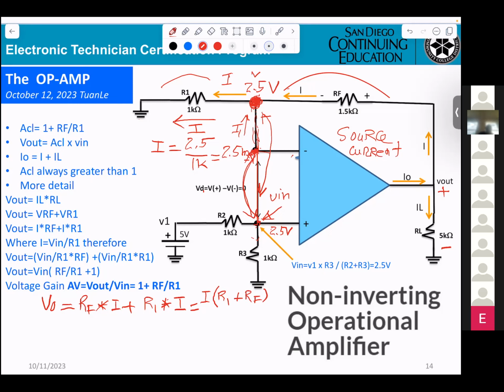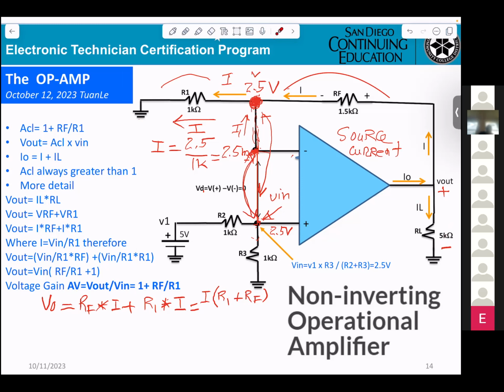V out, they explain to you here. V out equals IL times RL.